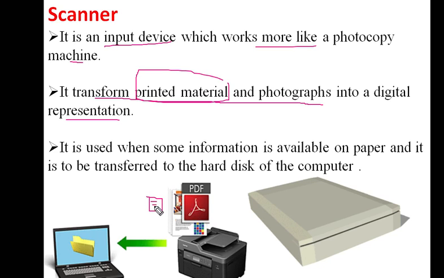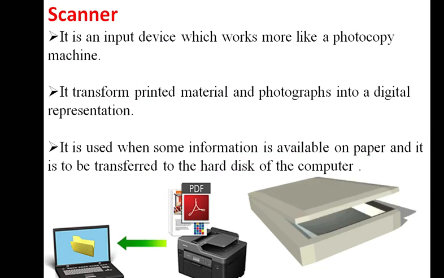With the help of a scanner you will get the soft copy of the hard copy. So it is used when some information is available on paper and it is to be transferred to the hard disk of the computer. So these are the tasks of the scanner device.